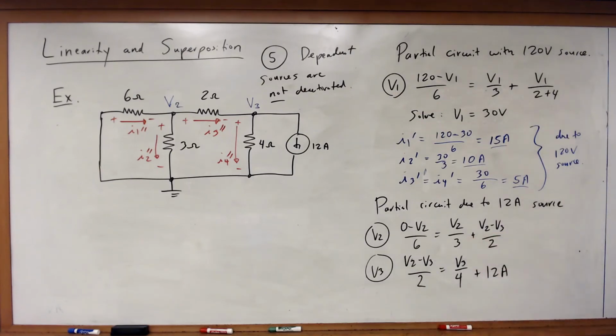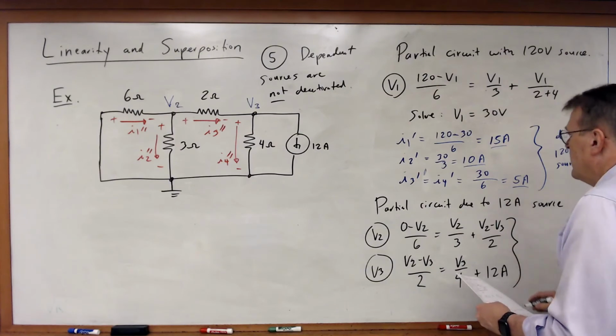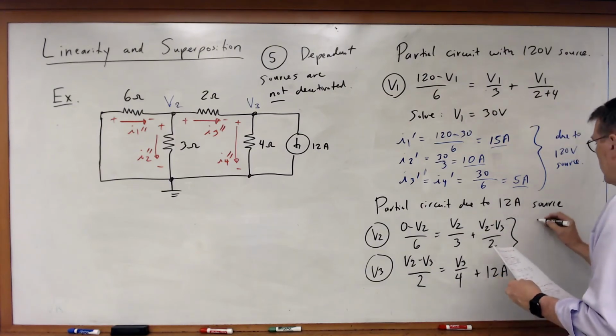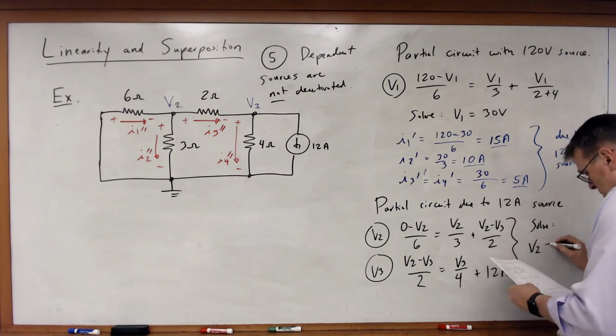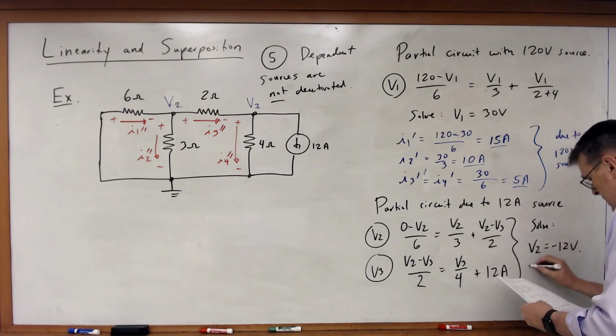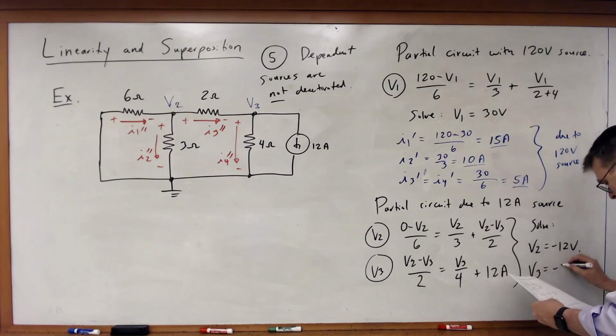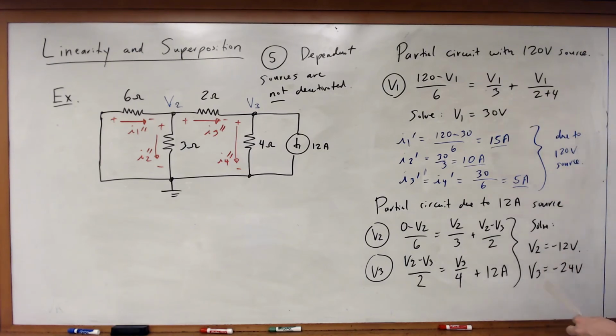Once again, 2 equations, 2 unknowns, and if I solve, what I'm going to get is that, in this case, V2 is equal to minus 12 volts, and V3 is equal to minus 24 volts.